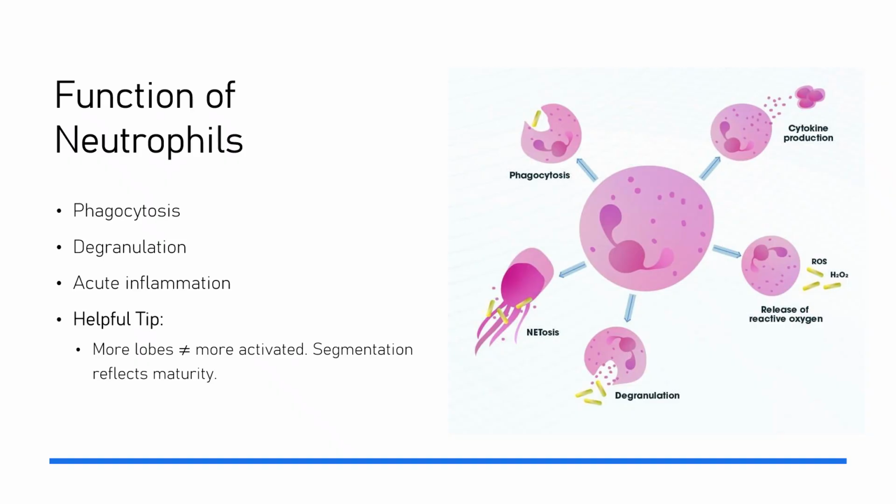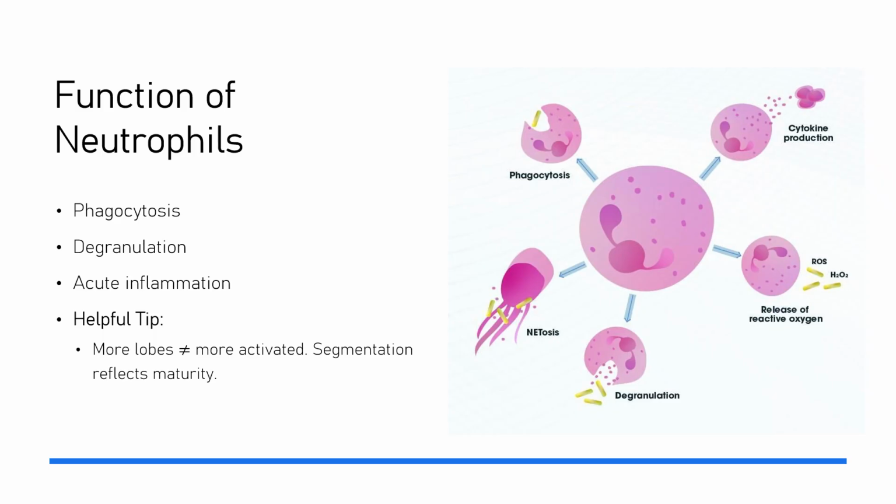Inside that phagosome, neutrophils release antimicrobial substances stored in their cytoplasmic granules. This process is called degranulation, and it delivers enzymes and antimicrobial proteins directly to the pathogen. Neutrophils also produce reactive oxygen species, sometimes abbreviated as ROS. These molecules help destroy bacteria, but can also contribute to local tissue damage during inflammation.